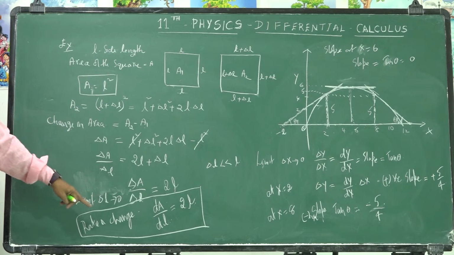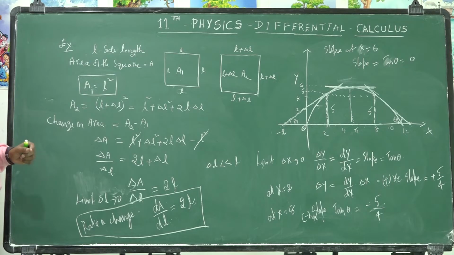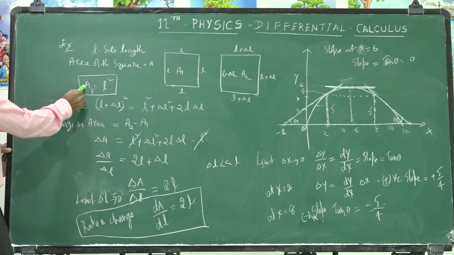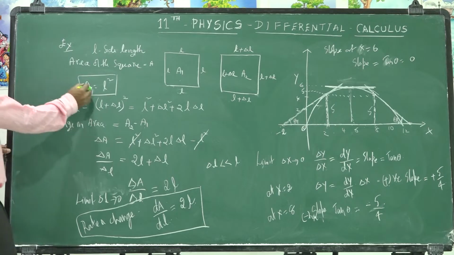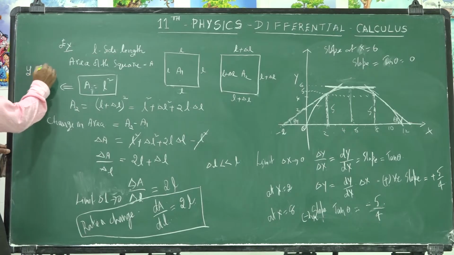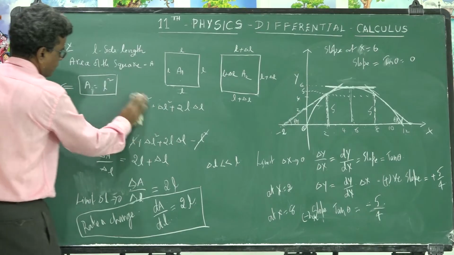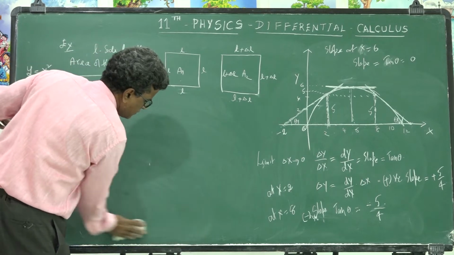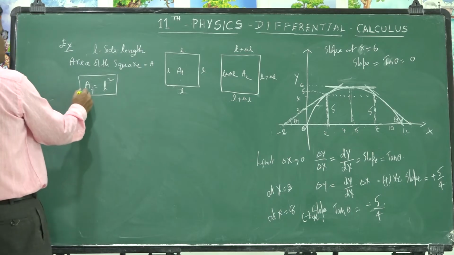Now with the help of this mathematical equation, as we discussed earlier, I will give some standard formulas for this. Suppose there is a function like this, we can compare with y is equal to x square. You compare with the generalized form.